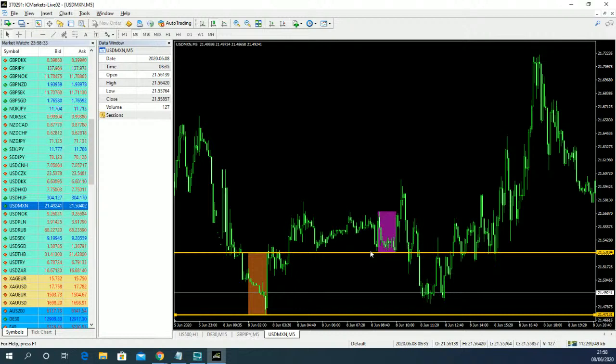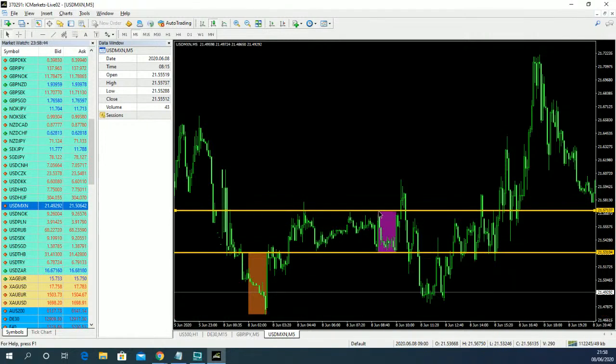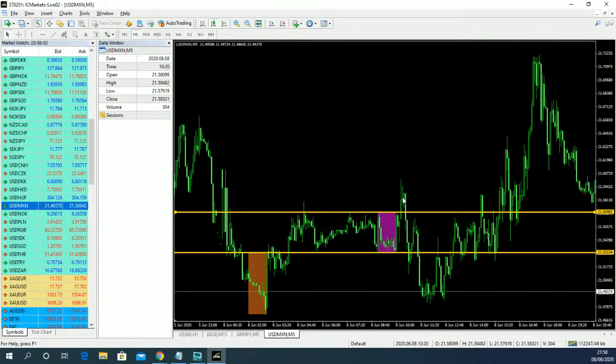Second time from Europe. Notice something at Europe. The high of the Asia is the low of Europe. Coincidentally, they have the same line. You can see that. So now on the Europe session, you are tricked into a trade here, which could have stopped you out and probably gone to another trade.